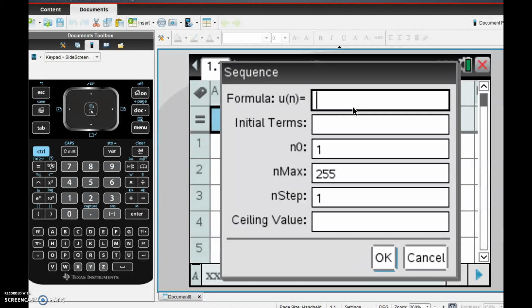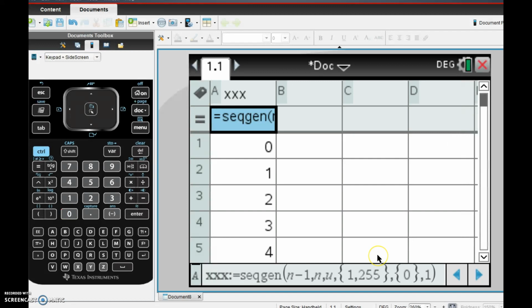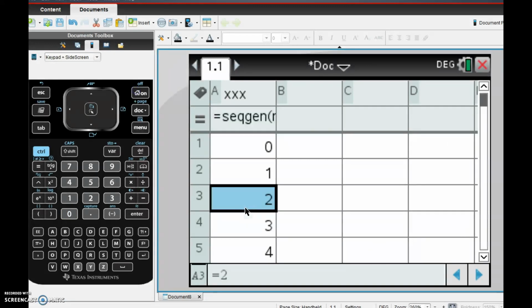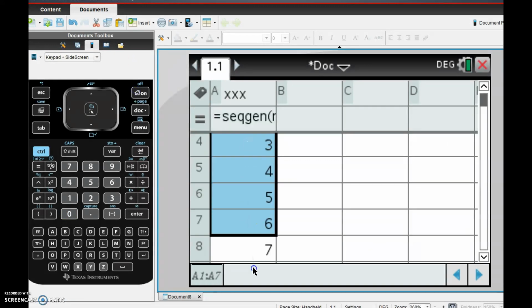Is that n minus 1, maybe? Initial term 0. Does that work? That might work. There we go. I guess that worked. 1, 2, 3, 4. This is going to go all the way down to 250.